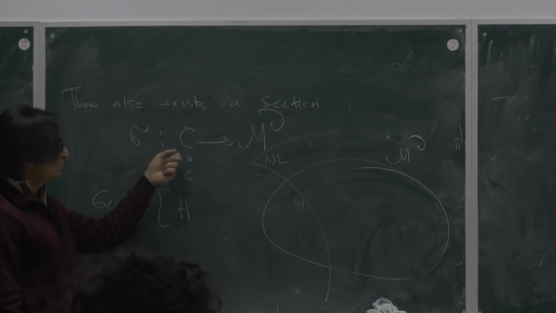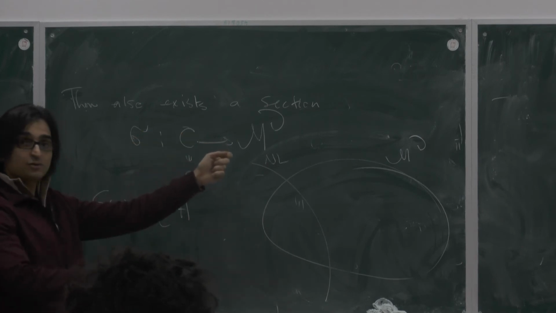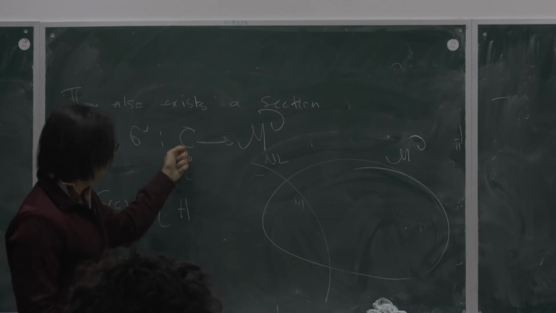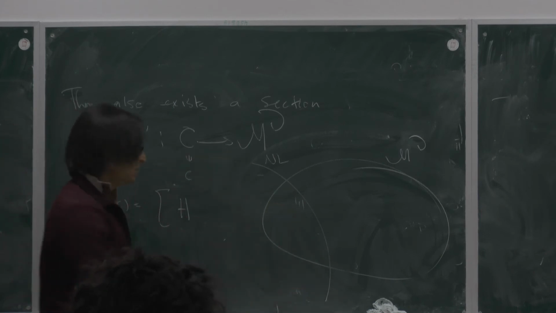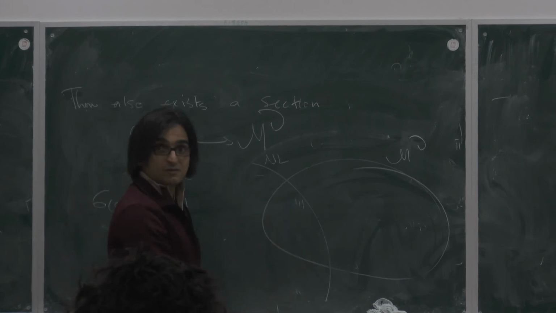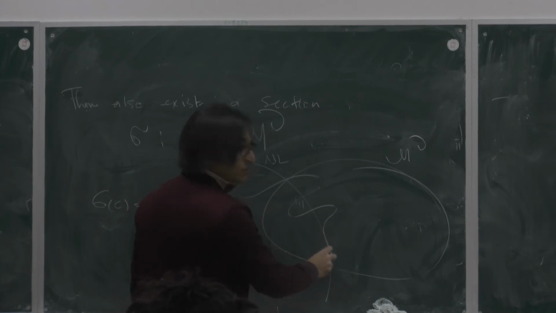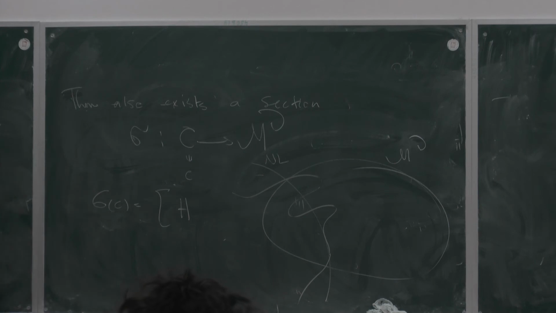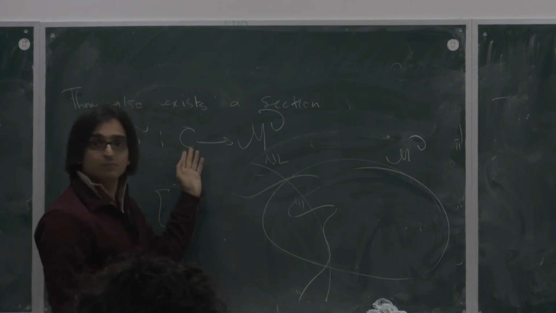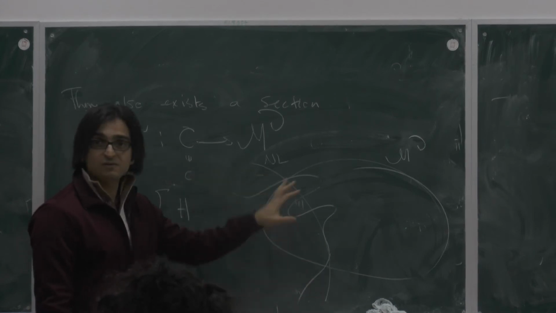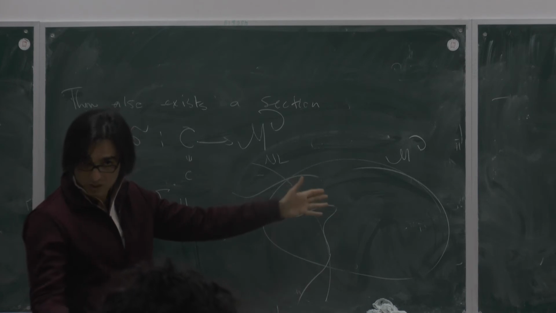You pick a point, you send it to the Hodge structure determined by the fiber that lies above that point. If you look at the image of this curve inside here, it intersects this nodal Lefschetz divisor. Then you can do intersection theory: you can intersect the image of this curve and this nodal Lefschetz divisor inside the moduli space.